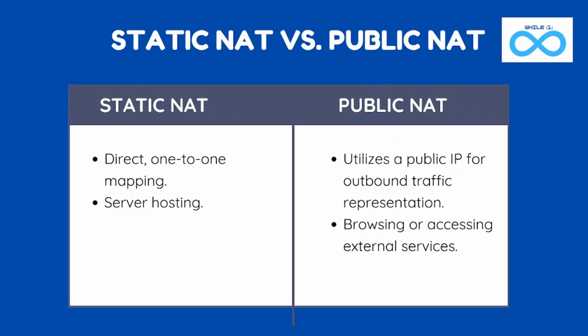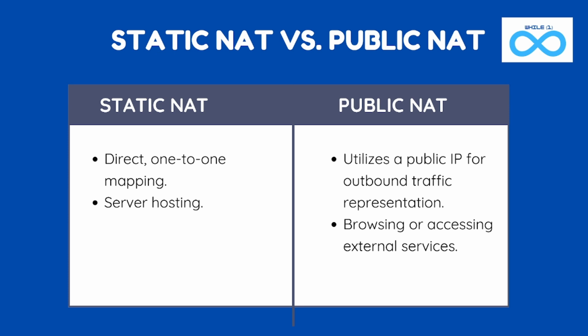So let's compare the types of NAT. If we want to summarize it, NAT facilitates communication between private and public networks. Static NAT provides one-to-one mapping for constant public access, perfect for hosting.